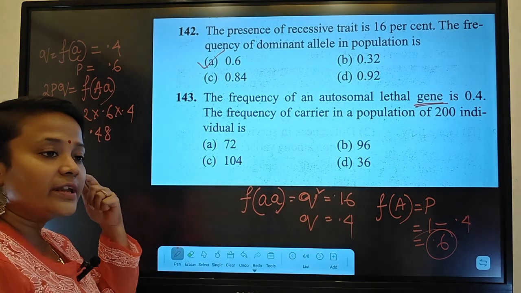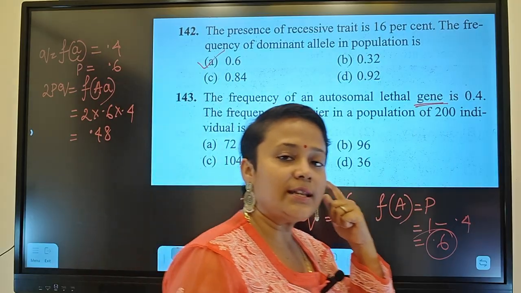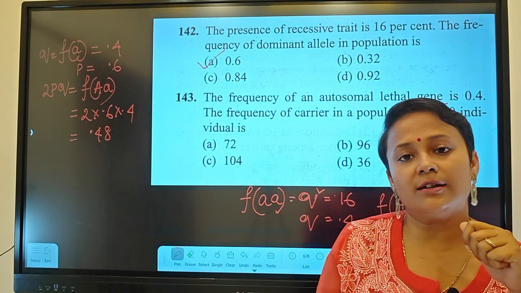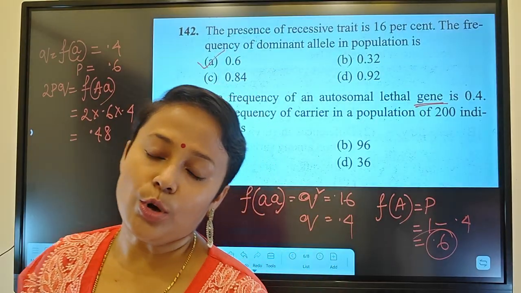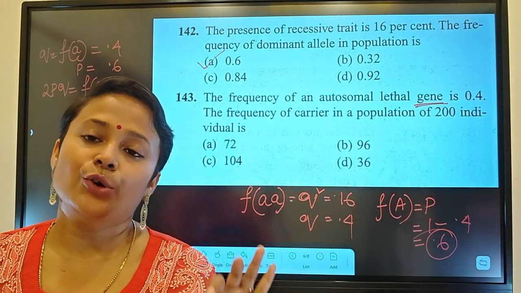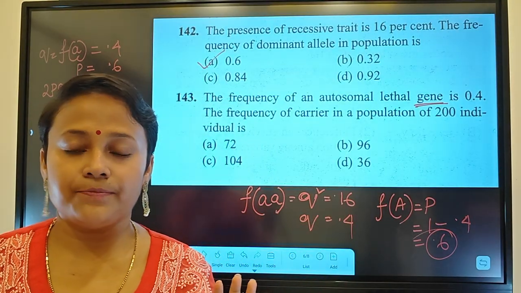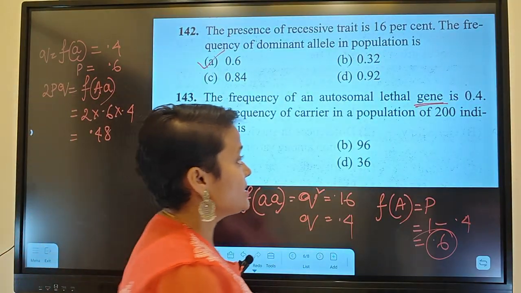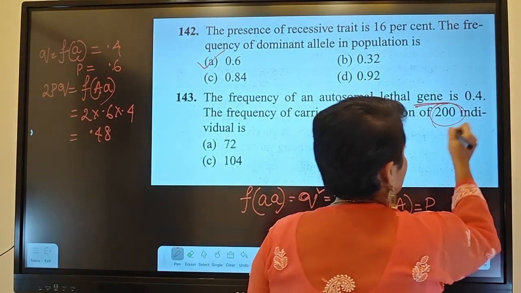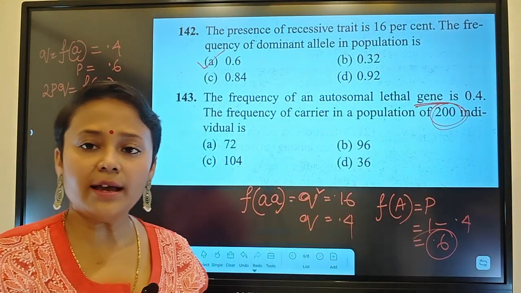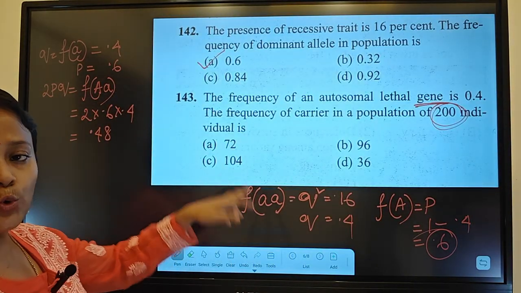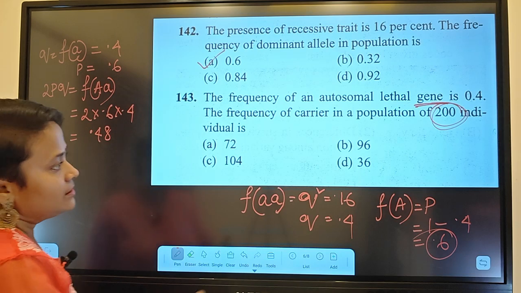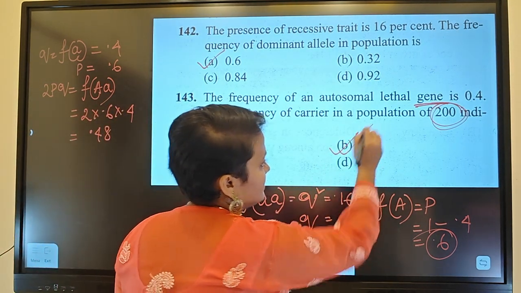If we convert 0.48 into percentage, it is 48 by 100, so 48%, which means out of 100 individuals, 48 will be carriers. But here they are asking how many carriers there will be out of 200 individuals. So the answer will be 48 into 2, which is 96, right?